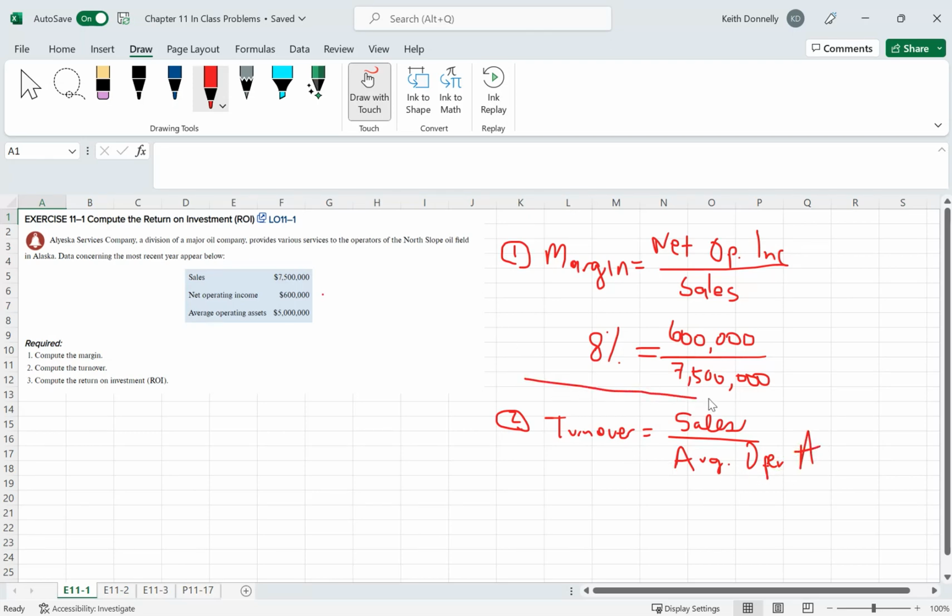So if this was 1, let's circumscribe that there. 2 for turnover, if we plug in the information here, our sales are 7,500,000, and our average operating assets in this case from over here are 5 million.